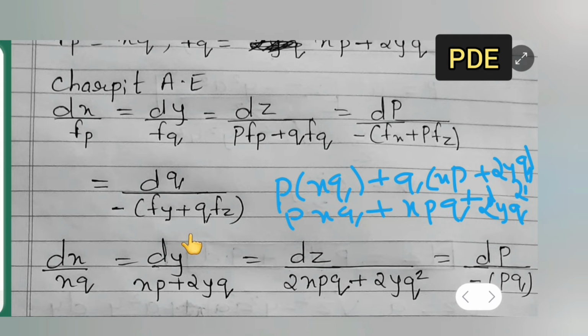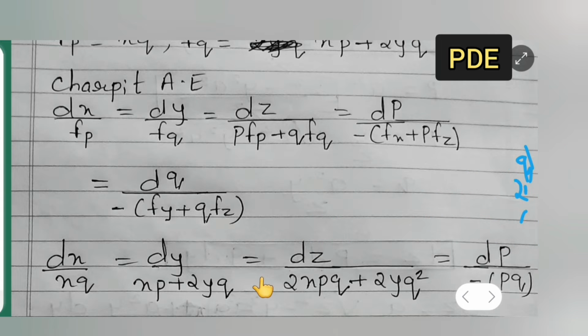So this is nothing but pxq plus pxq plus 2yq², so 2pxq, that is 2xpq, plus 2yq². I have written it over here. So this is how I got it. Okay, explanation is over here.